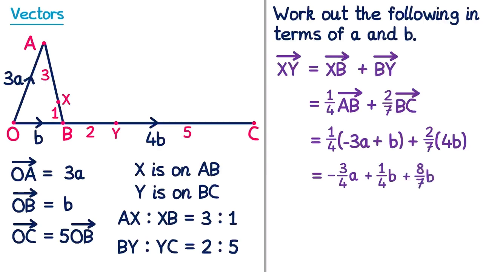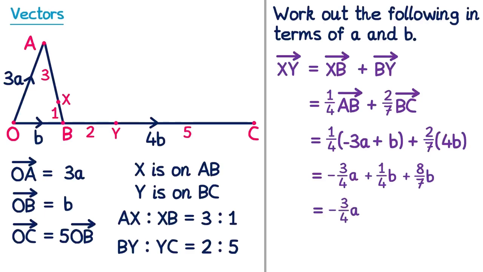Now we do need to simplify these by collecting the like terms. There's only one term in a, so -3/4 a, but for the b ones we can add these together. When we add fractions, we need a common denominator, so we're going to make these both out of 28.